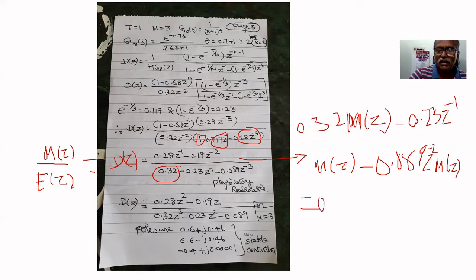So what you will get, 0.28 z power minus 1 E of z minus 0.19 z power minus 2 E of z.